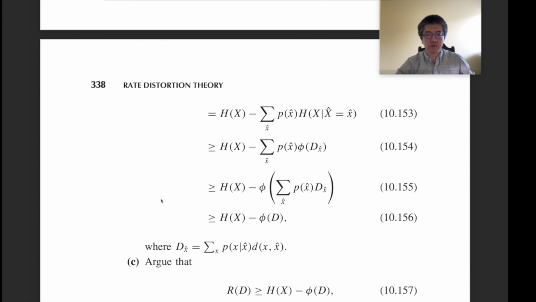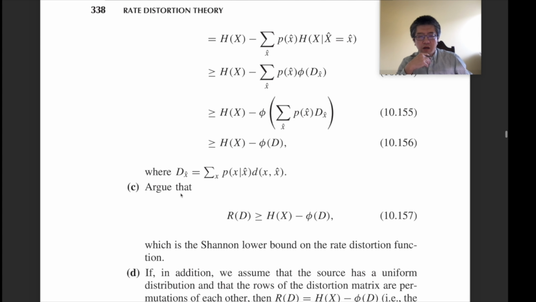So now let's take a look at part C. Part C is to argue that R(D) is bigger than or equal to this quantity. This is relatively straightforward. For part C, we know R(D) is nothing but the minimum, or the infimum, of this.